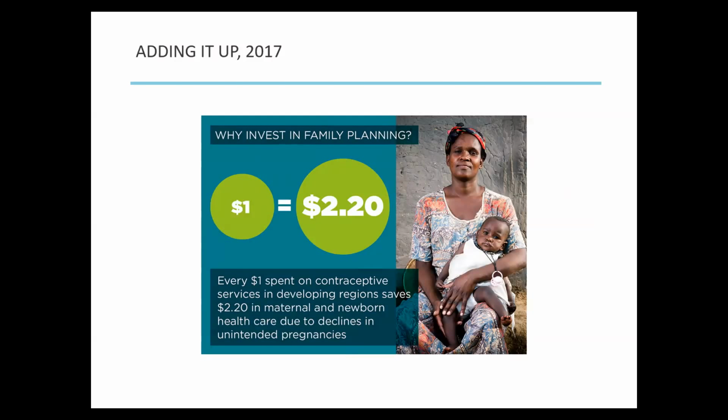So this is a narrow approach in its look at preventing unintended pregnancies. So we're just looking at the healthcare savings. So we're going to compare this next to a couple of other approaches to understand better why some of the other estimates are different and larger in other cases. Next slide, please.